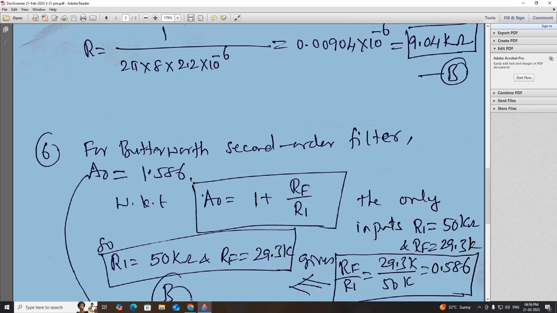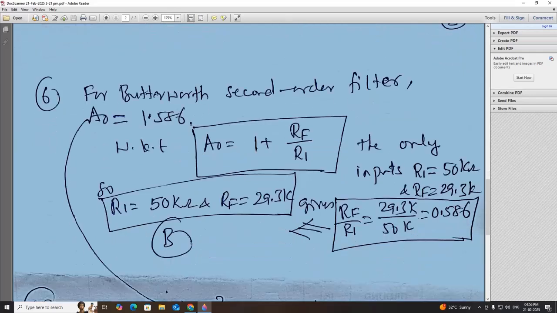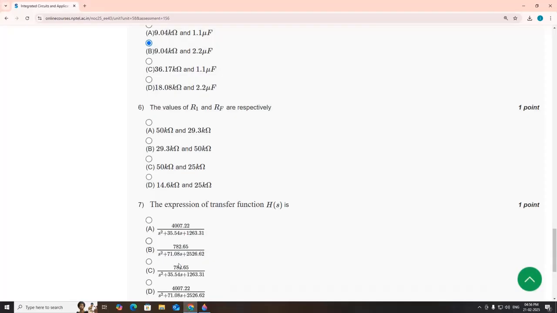We choose the values of R1 and RF such that this ratio is 0.586. If we choose R1 equal to 50 and RF equal to 29.3, we get the ratio as 0.586, and if we add 1, we will get 1.586.